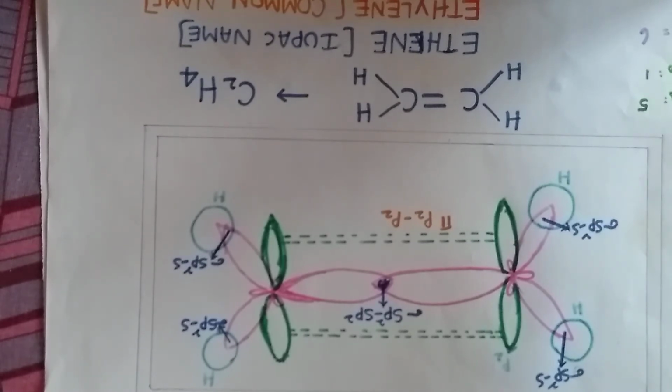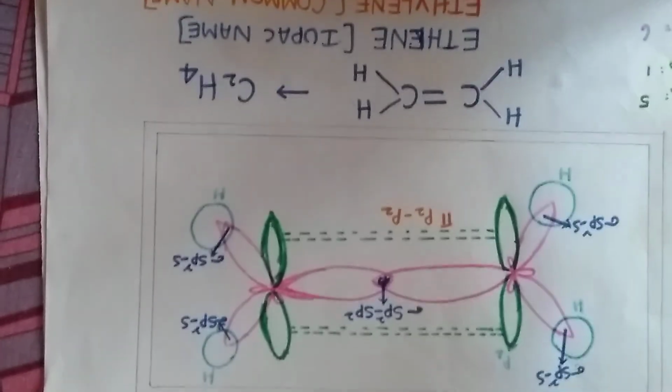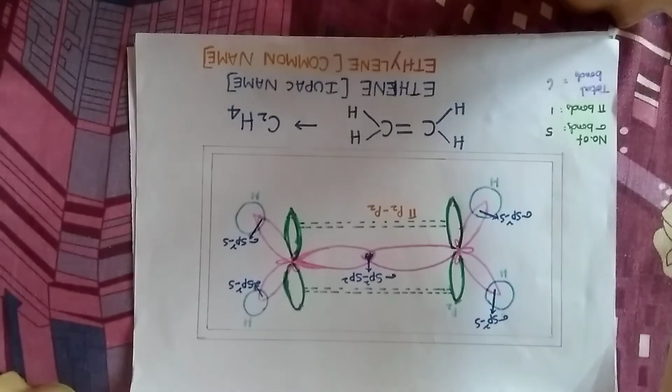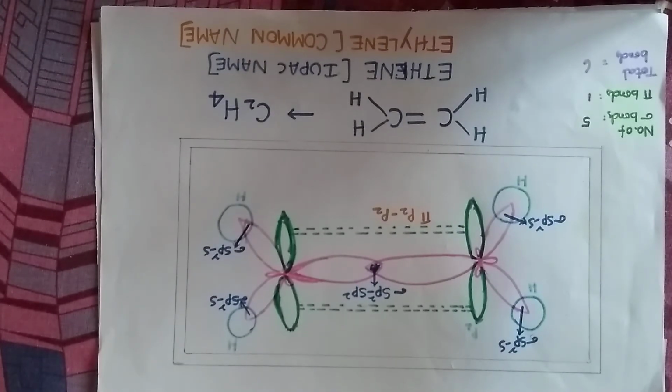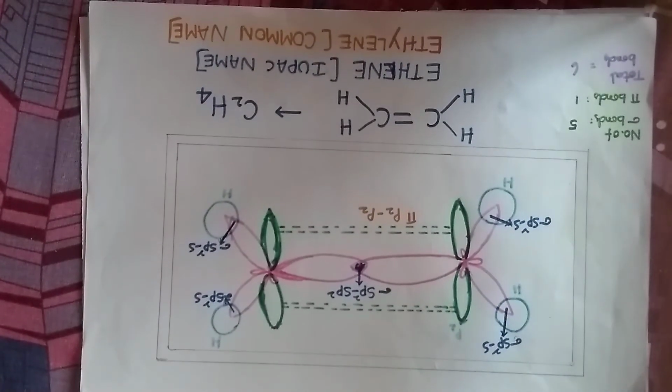So there are 5 sigma bonds and 1 pi bond, and this compound name is ethene. The IUPAC name is ethene. What is the common name? Ethylene. So how many bonds are formed? 6. How many pi bonds? 1. How many sigma bonds? 5.